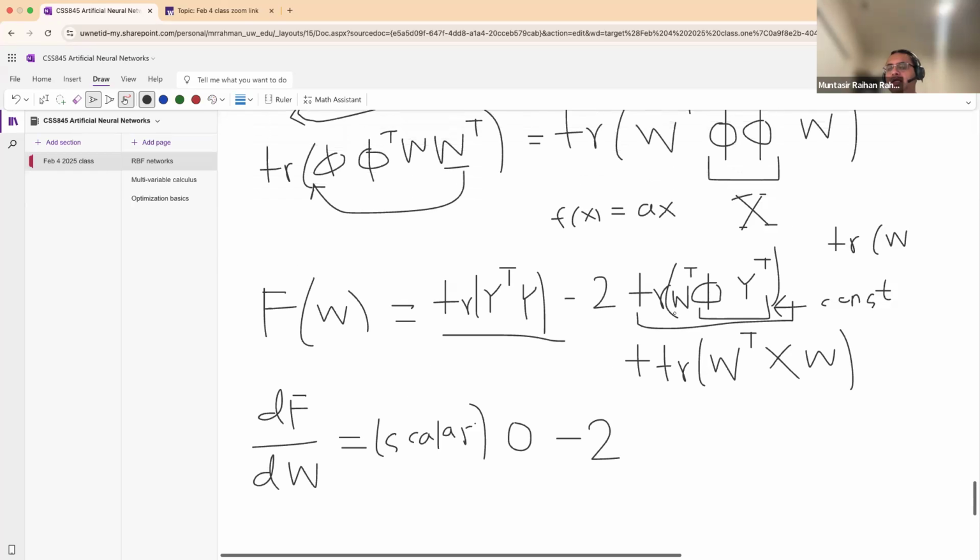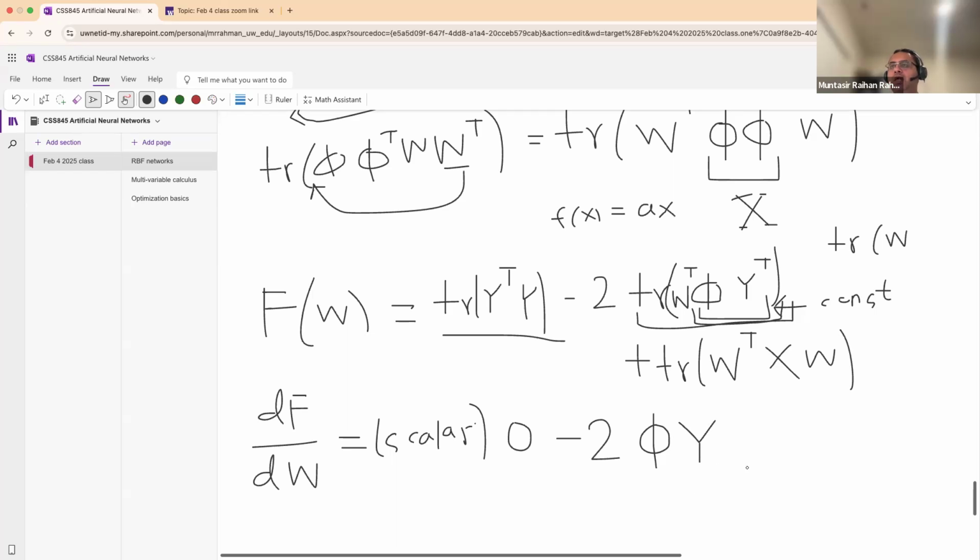This is the variable part and this is the constant part. When you differentiate with respect to this variable, you expect to get something proportional to or equal to these two matrices, which are the constant values, right? So it's going to be some order of phi, Y, and or Y transpose.